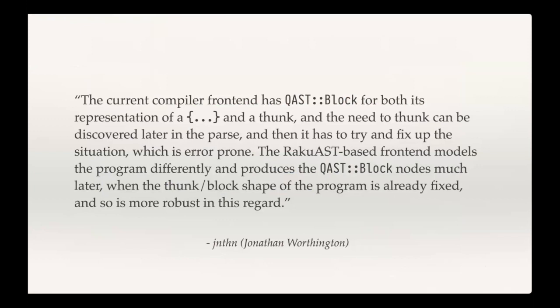The current compiler frontend has a cast block for both its representation of a block and a thunk, and the need to thunk can be discovered later in the parse, and then it has to try and fix up the situation, which is error prone. The RakuAST based frontend models the program differently and produces the cast block nodes much later, when the thunk block shape of the program is already fixed, and so is more robust in this regard.